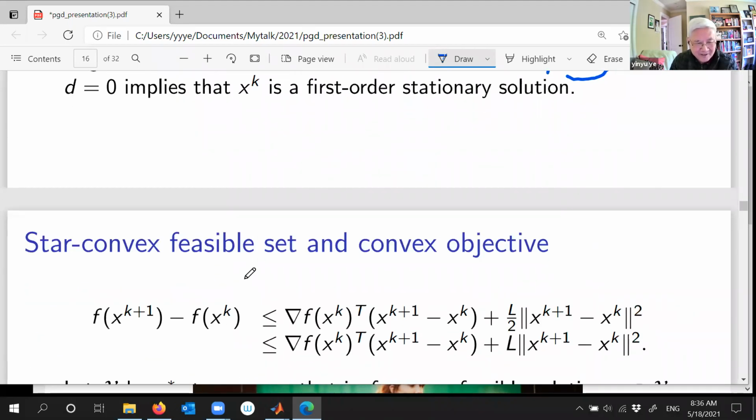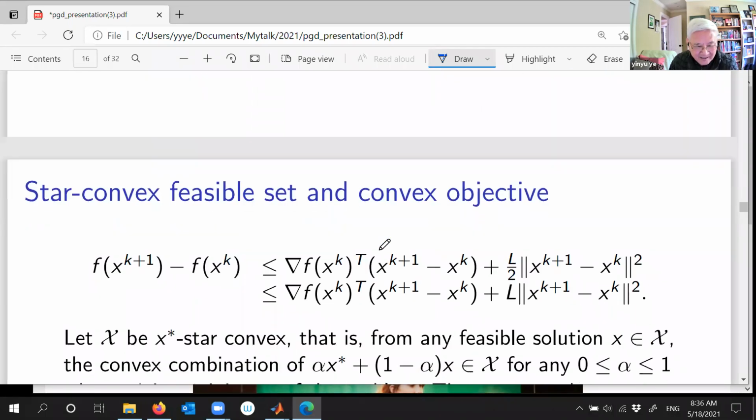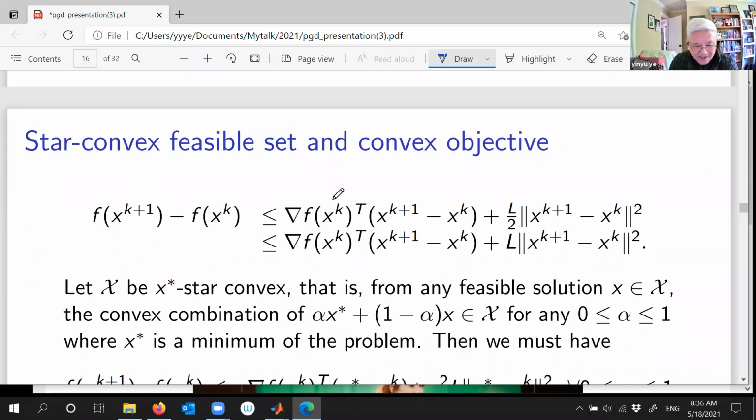Now, let me provide a little bit more analysis. When the feasible set is so-called star convex, and the objective is a convex function, which is true in our applications, then again we use these Lipschitz conditions. Assume x star is the global optimal solution. So here I assume my feasible set is star convex with respect to x star. What's star convex?